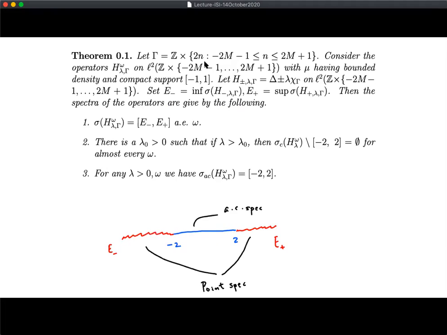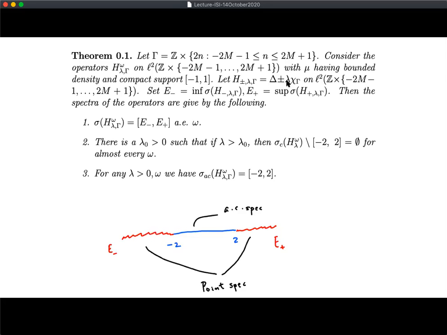To write down the spectrum of this operator, surprisingly, we need to look at two different operators, namely, in some sense, omega being maximal and omega being minimal. So look at this operator where lambda times 1, where 1 corresponds to this constant 1. This operator you call plus, and the other you call minus. Because the support of mu is between -1 and 1, if you set all the V omega of n's to be -1, you get the minus operator.